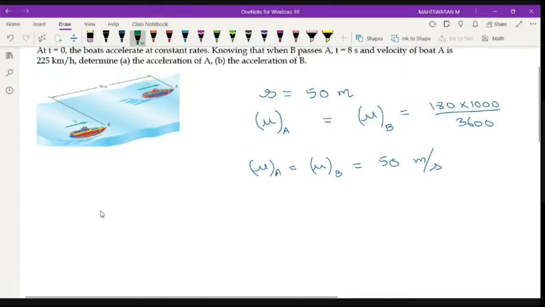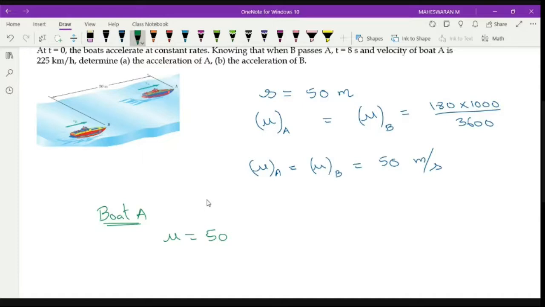Let me consider boat A. You know your values. U is 50.